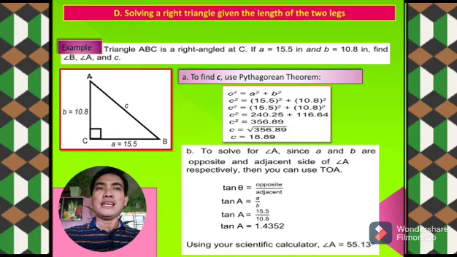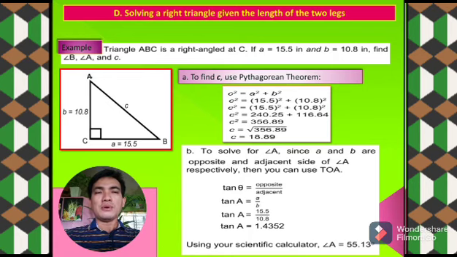Now, to solve for angle A, since side A and side B are the opposite and adjacent side of angle A respectively, in that case you can use TOA, or shall we say, tangent is equal to opposite over adjacent.